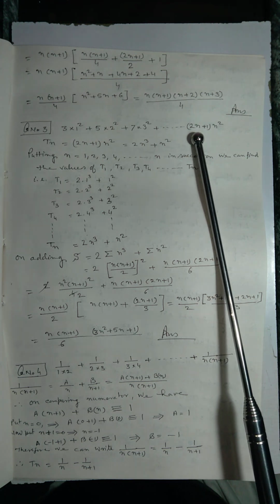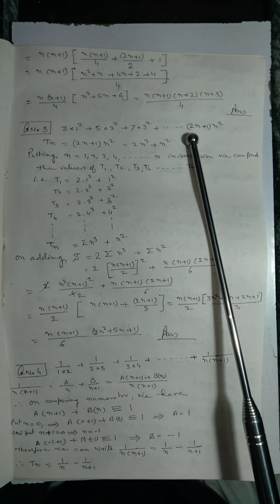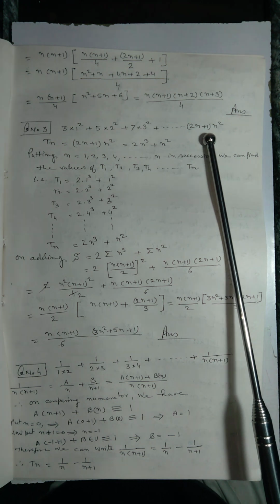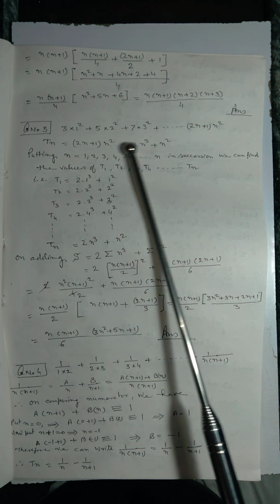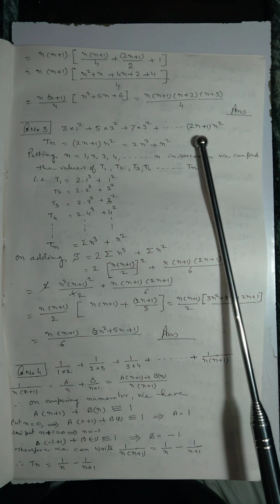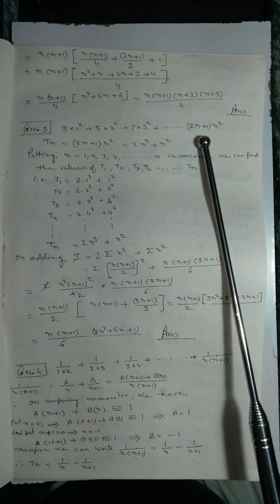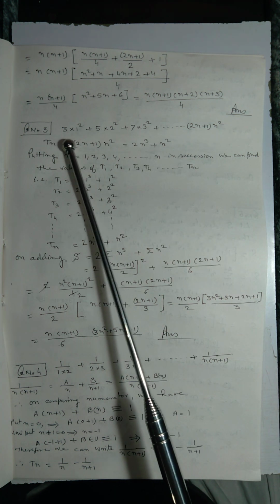If you just put n is equal to 1, 2 into 1 plus 1, you will get 3. 2 into 2, 4 plus 1, you will get 5. So the first factor in all these terms is the bracket 2n plus 1, into n square, the second factor in each term.